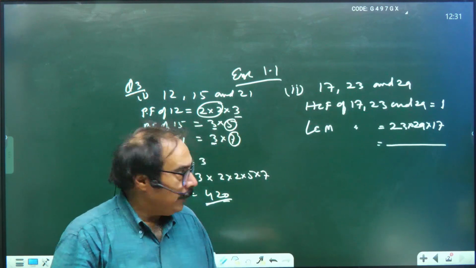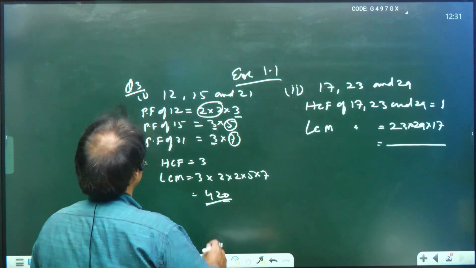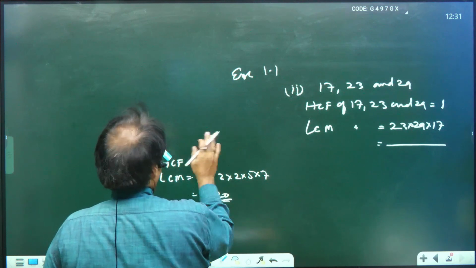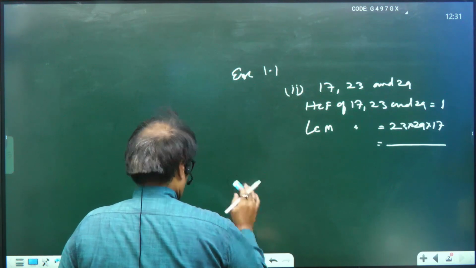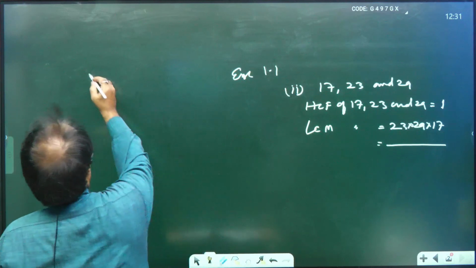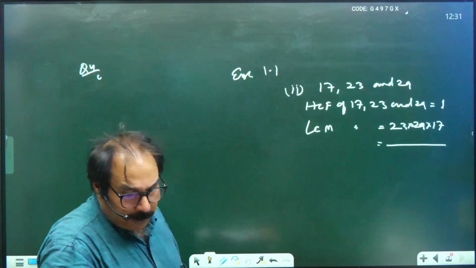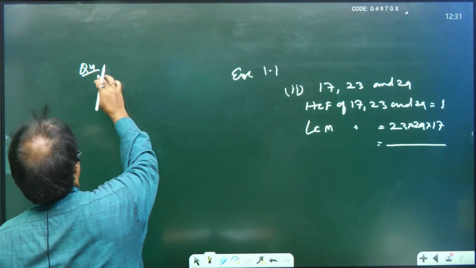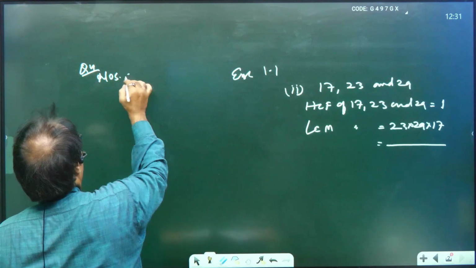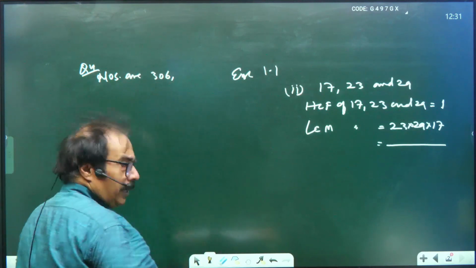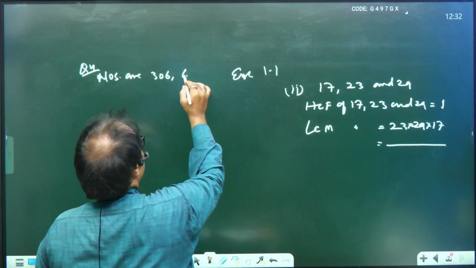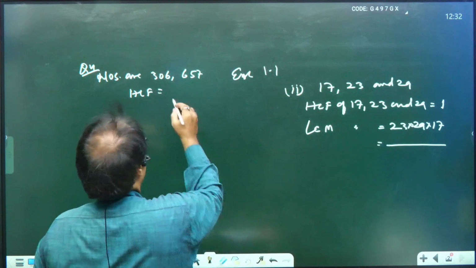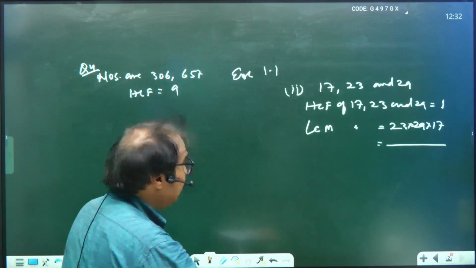Got it? So next I am taking question number 4. The question says, given that the HCF of 306 and 657 is 9, find the LCM.